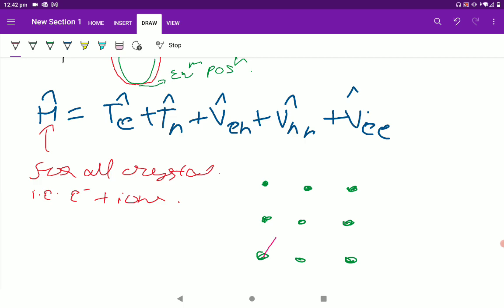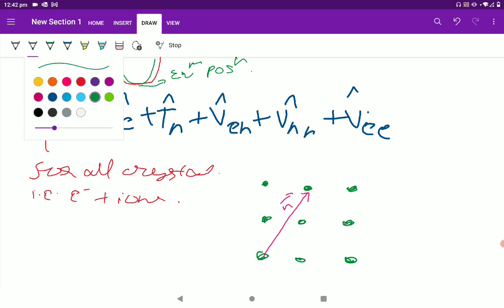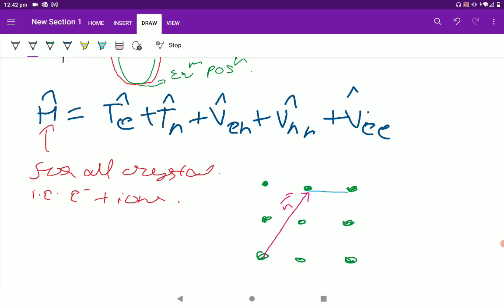So this is the lattice position vector, and if the ion can move, then this u vector is the displacement from the initial position to the position n.